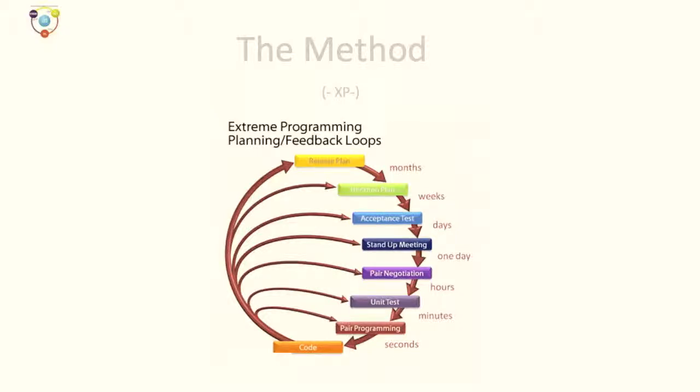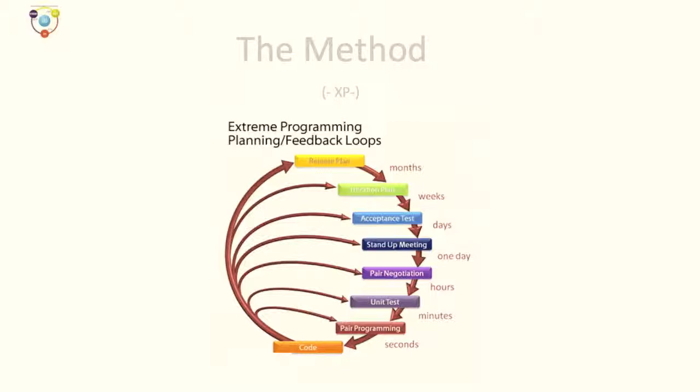We're going to experience another method called XP, meaning extreme programming. It's about coding. XP is just, let's say, a brother of Agile, but not exactly the same, because the loops are quicker than in Agile and in a different way.